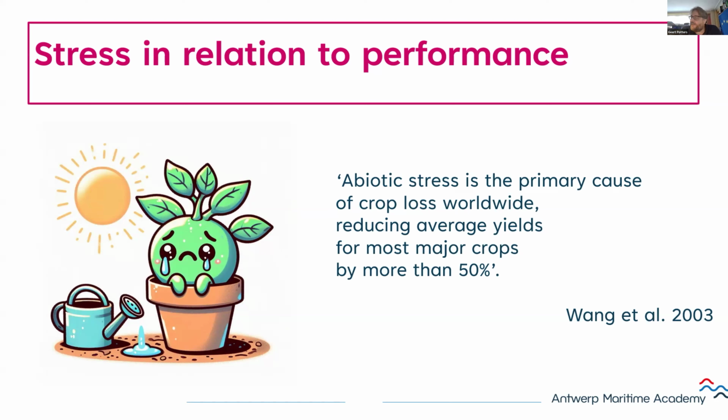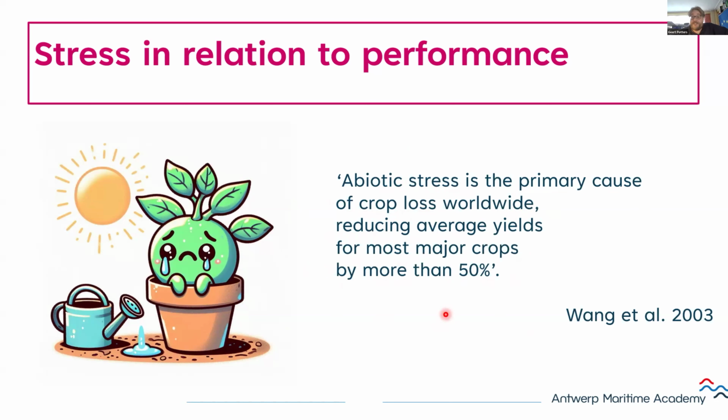Then we started looking into the literature, and actually not even literature, we started looking into manuals, and we came up with the fact that no one has a general basic definition of what stress is for plants. We only came up with this one: abiotic stress is the primary cause, saying what it is, only what it does, of crop loss worldwide, reducing average yields of most major crops by more than 50%.